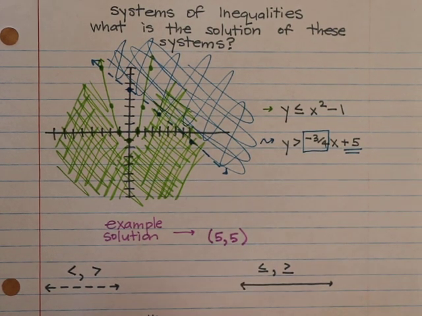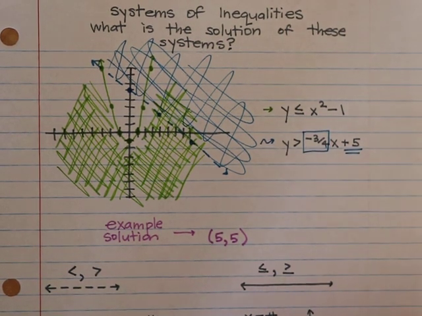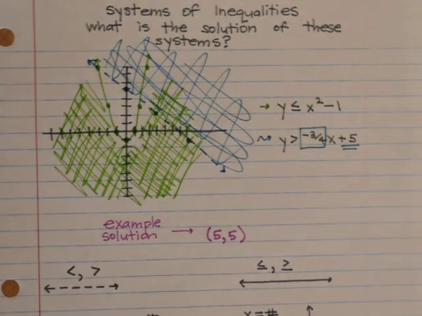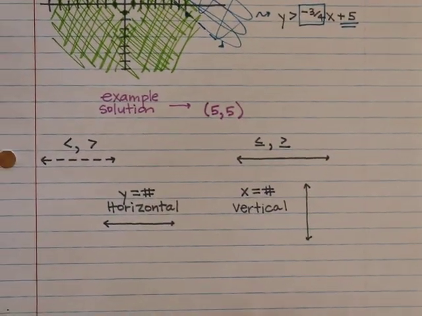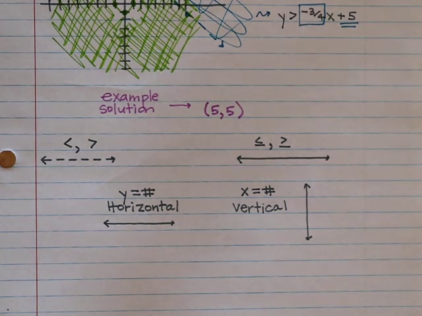It will look something like this. If you get x equals a number, and there's no y, that is vertical. And then obviously, whoa, my bad. Look at that. Yay, math. So just something to be mindful of.